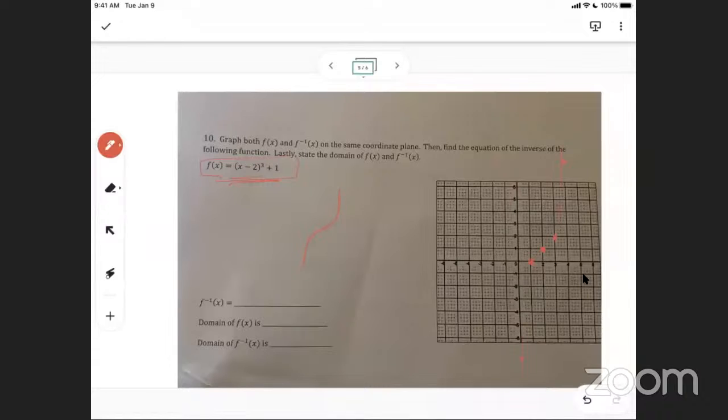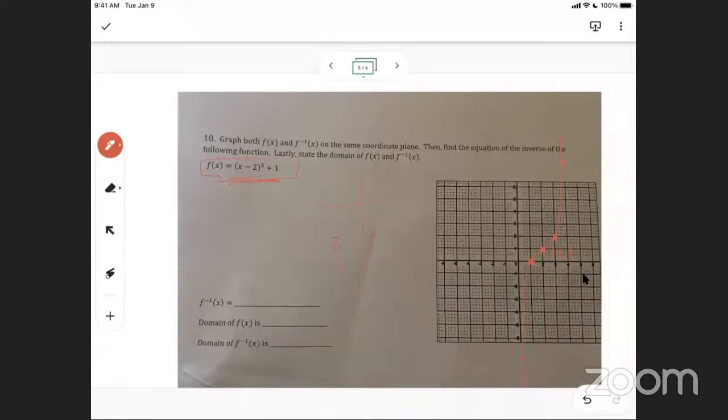In fact, we can even put those values in if we want, and that will help us to graph the inverse. So this point right here is 2, 1. Let me just write those points over here. We have 2, 1, and then I went right 1, so that's 3, and up 1, so that's 2.